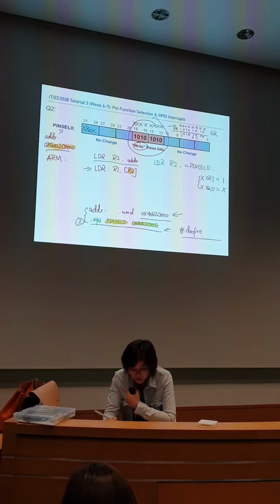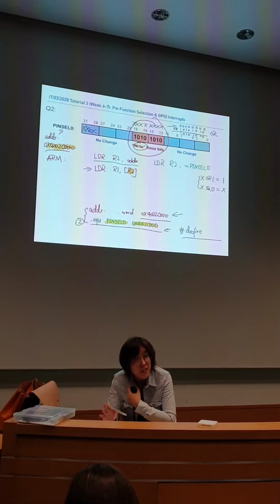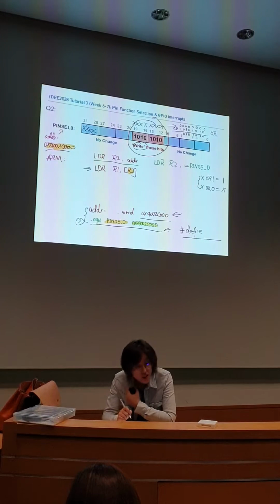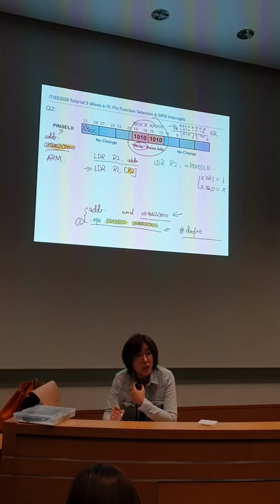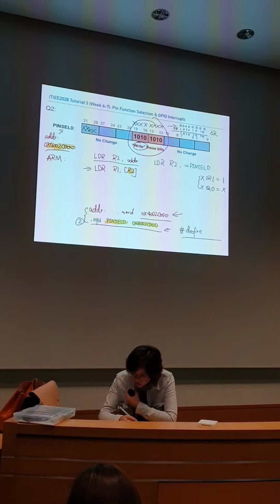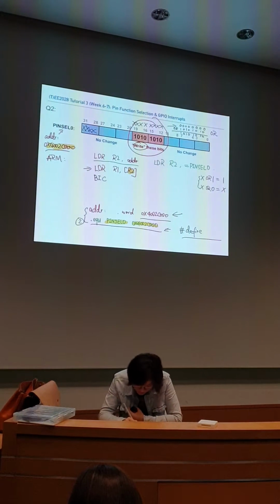So there are 2 steps. Firstly, you need to clear the bits. There is a particular instruction to clear bits, which is BIC. R1, in this case, R1 is holding the pattern, right?